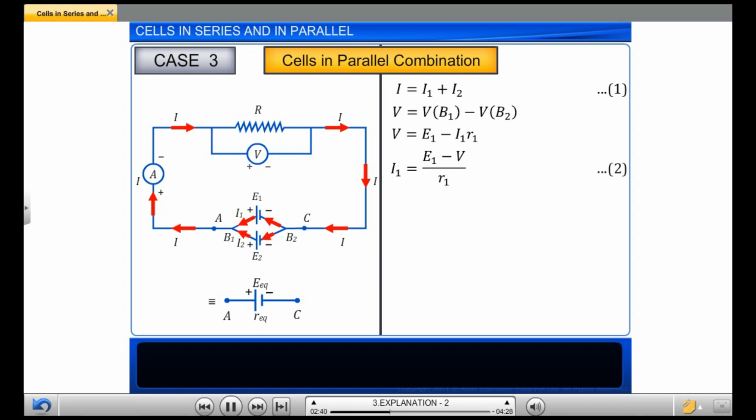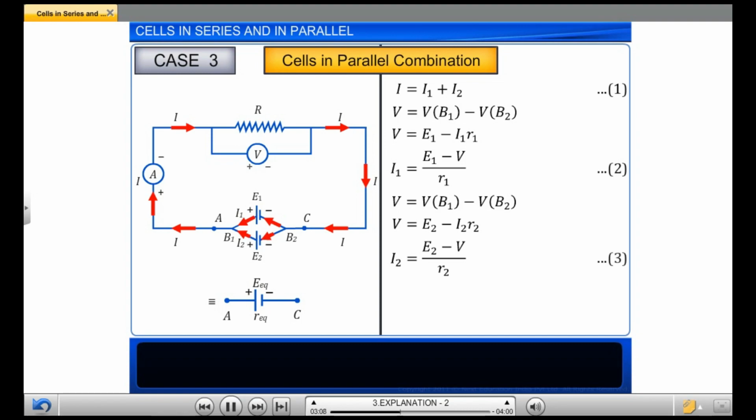Similarly, taking points B1 and B2 to be across cell 2, we can write V is equal to VB1 minus VB2. V is equal to E2 minus I2 into R2. Rearranging the terms, we can write I2 is equal to (E2 minus V) divided by R2.